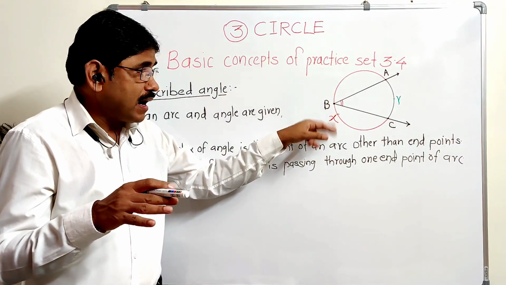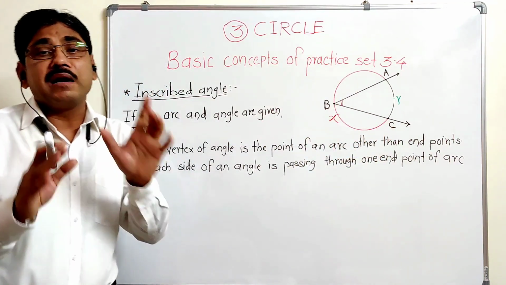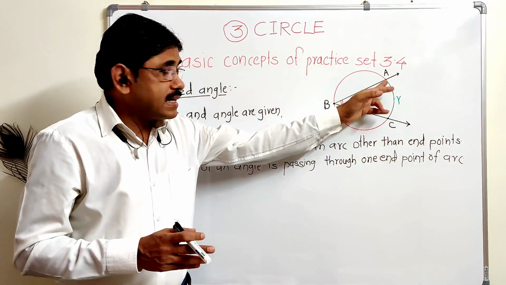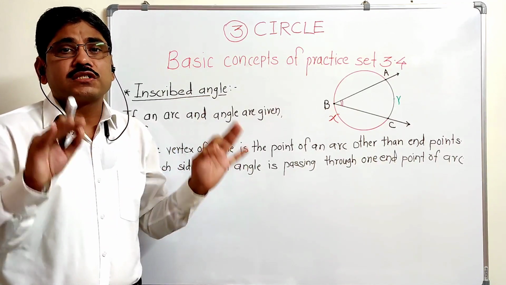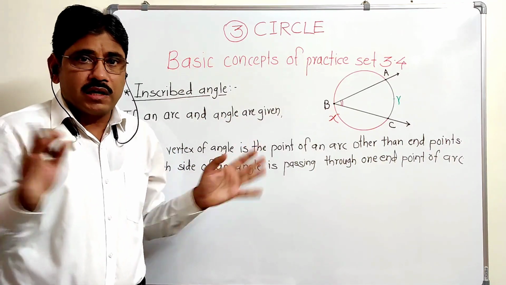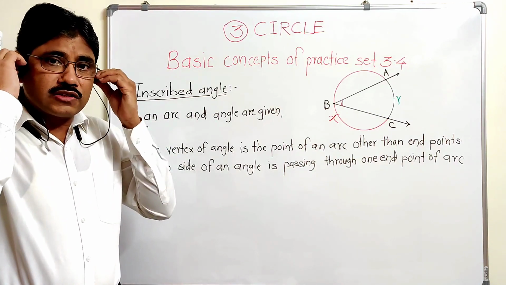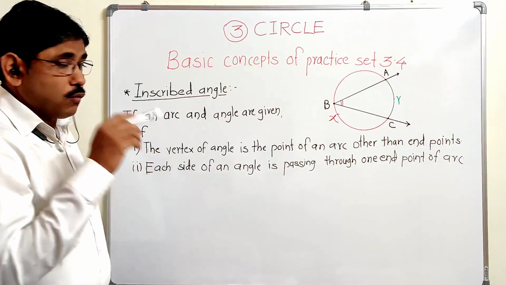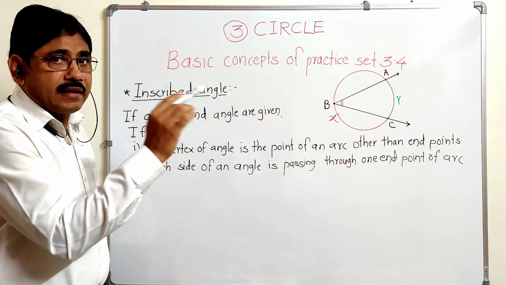It is a point of the arc, but not the end point, means other than the end points. If the vertex is the end point of that arc, then it is not an inscribed angle. That is the first condition.